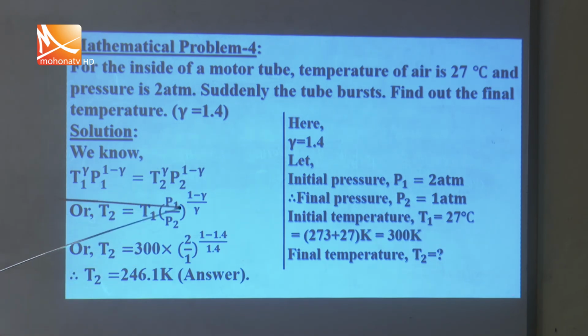Putting the values of T1, P1 and P2, T2 equals 300 times (P1 equals 2 atm and P2 equals 1 atm) whole to the power (1 minus 1.4) divided by 1.4. After calculation, the temperature will be T2 equals 246.1 Kelvin. This is the answer.